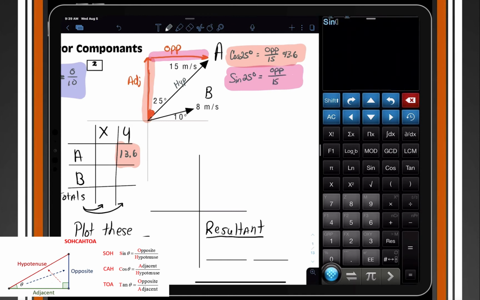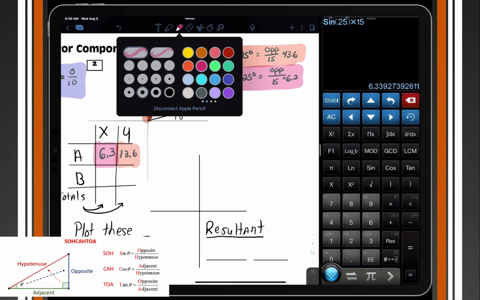We have sine 25, close it, times 15 equals 6.3. And I'm going to match that up. That was along the y-axis. So that is 6.3. Now, since both of those were up and to the right, we know that both of those are positive. We'll go to our next one.